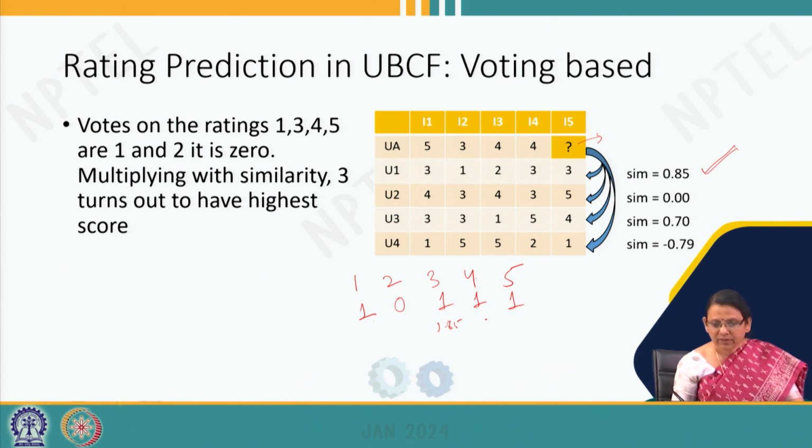So, who has given this 3? 3 is given by this user with whom the similarity is this. This rating 5 is given by this, so similarity this. So, with all these similarities you will be multiplying.